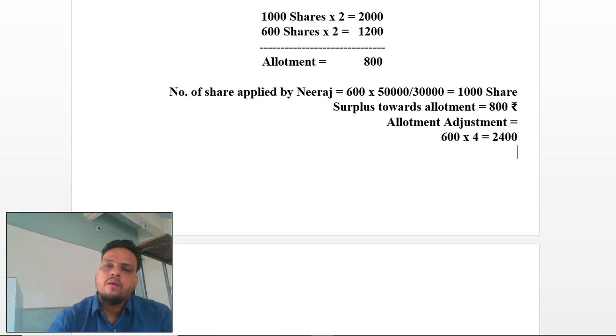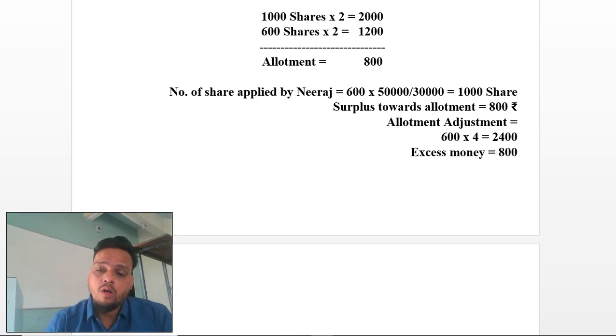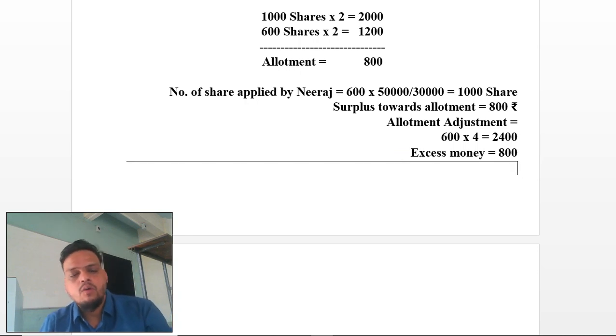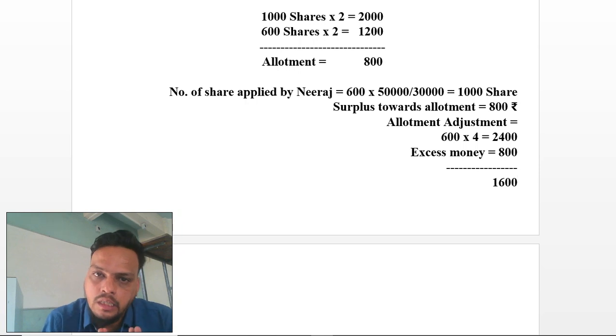Here we have an excess money of 800 rupees which has been adjusted to allotment. So how much amount is left? The amount which has been left is 1600, which has not been paid by Neeraj. Neeraj has not paid 1600 rupees for an allotment.